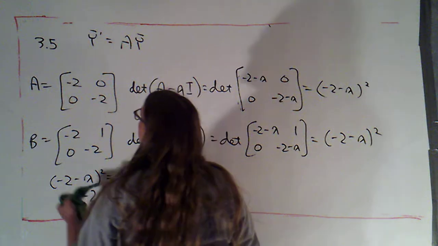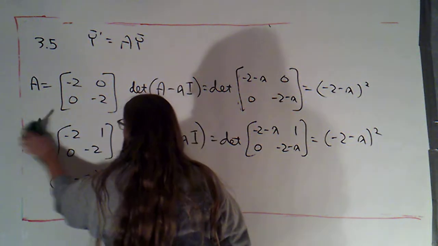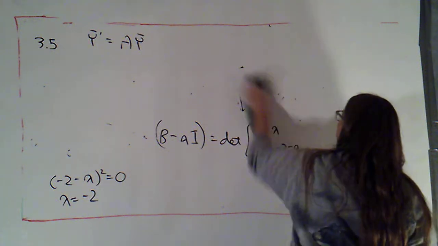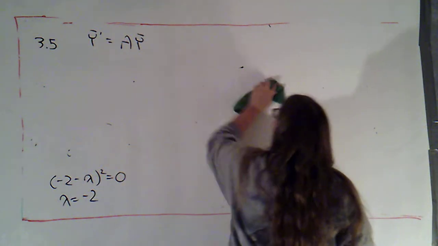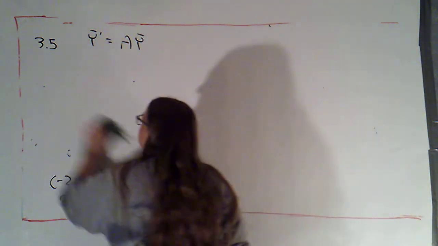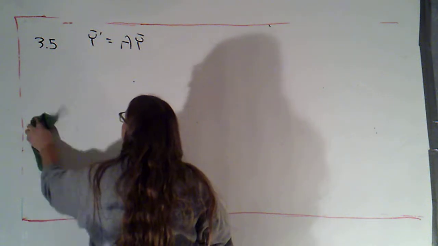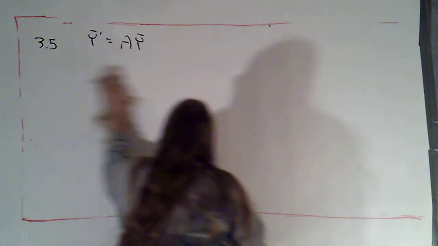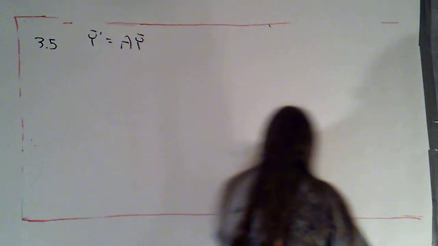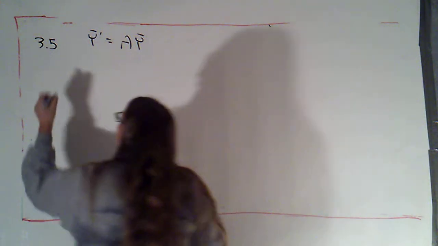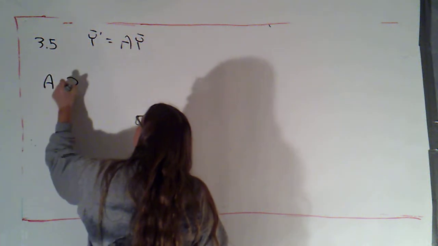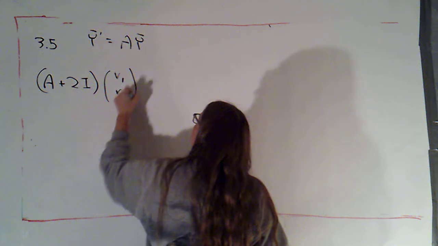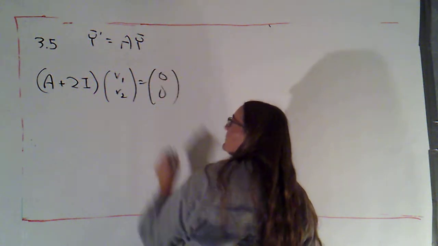If I look at finding eigenvectors for A, I'm looking at A plus 2I times V1, V2 has to equal 0, 0.